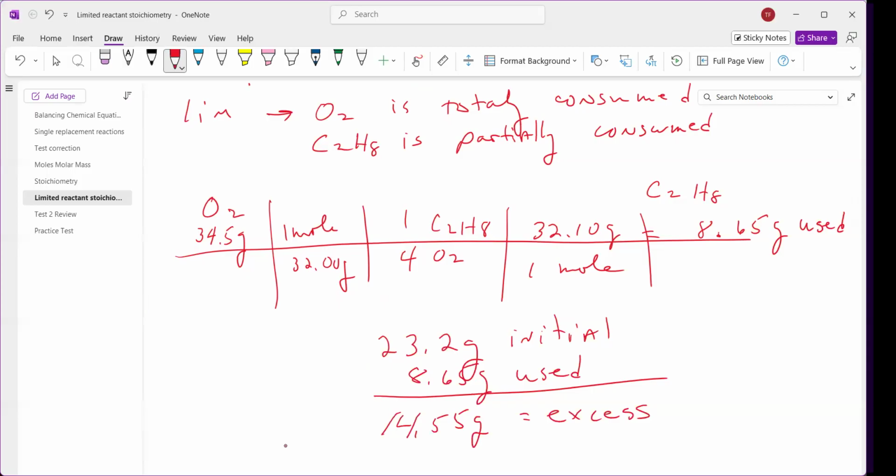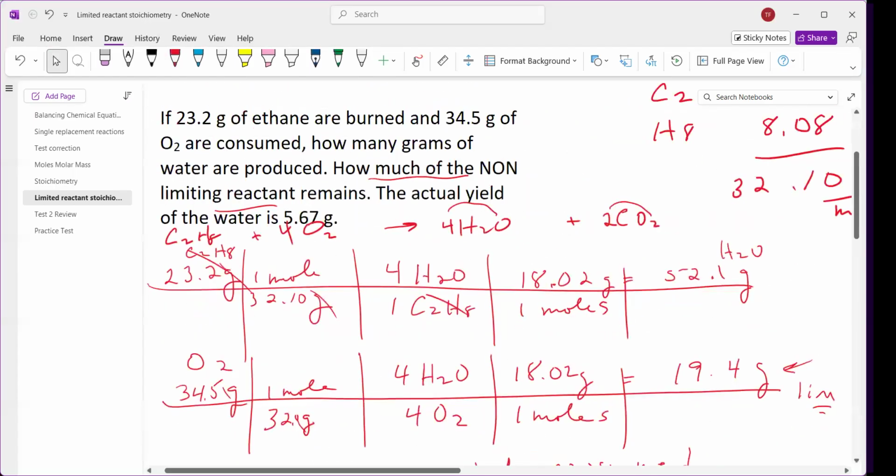So these four calculations are done on every single limiting reactant problem. Every single one. Now, frequently they'll ask you for the percent yield. To do the percent yield calculation, you have to know the actual yield. What we just calculated, 19.4, is the theoretical.